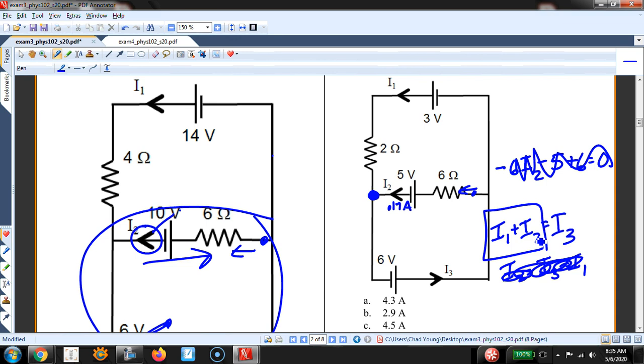So let's take either the big loop or the top loop. I'm just going to take the big loop, for no particular reason. I could do the top loop as well if I wanted. Okay, so I'm going to start right here. I'll go in that direction. I will have 3 minus 2I1 plus 6 equals 0.